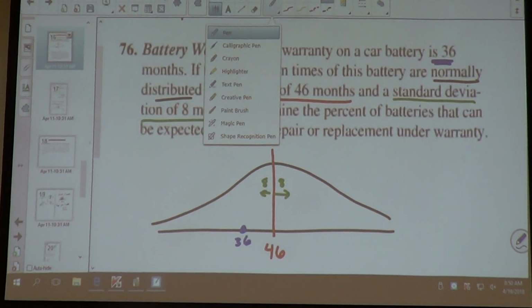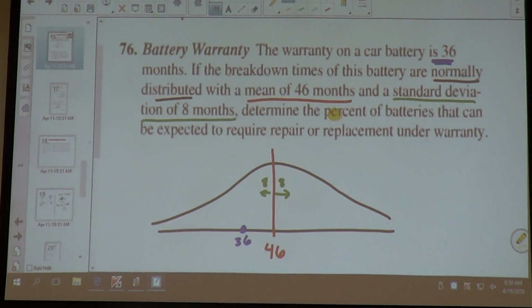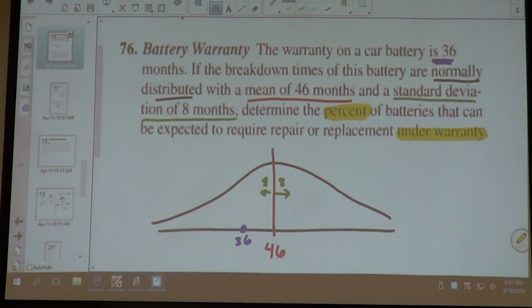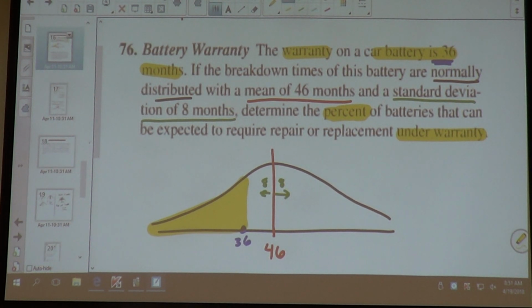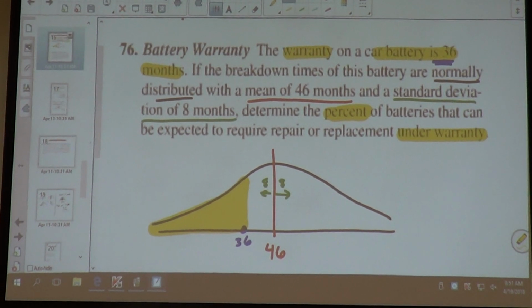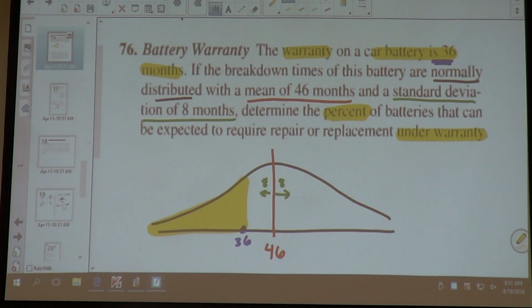Now, the question says, what percent of batteries under warranty? So that means if you walk into the store, the battery has a 36-month warranty. So we're doing under warranty, not under mean, under warranty. So if we came in and it was at 34 months, they would replace it, or 32 months, they would replace it, or 6 months, they would replace it. So we're doing less than 36 months.